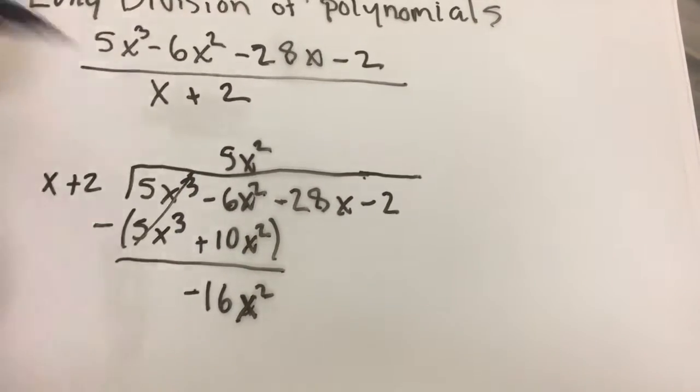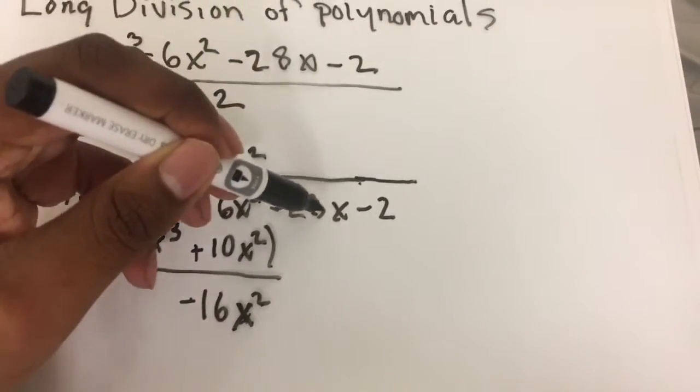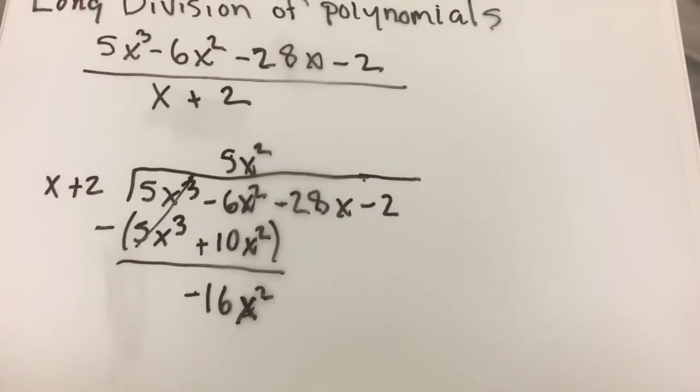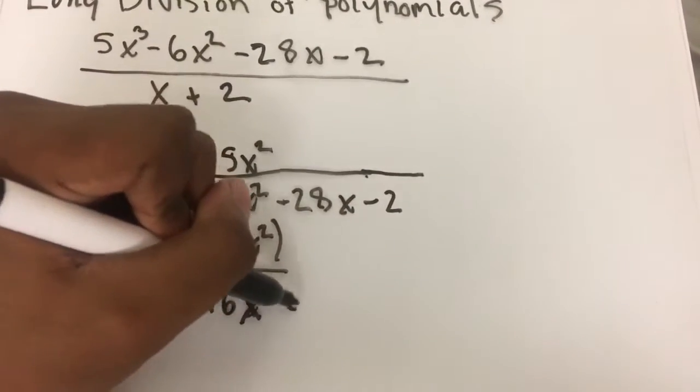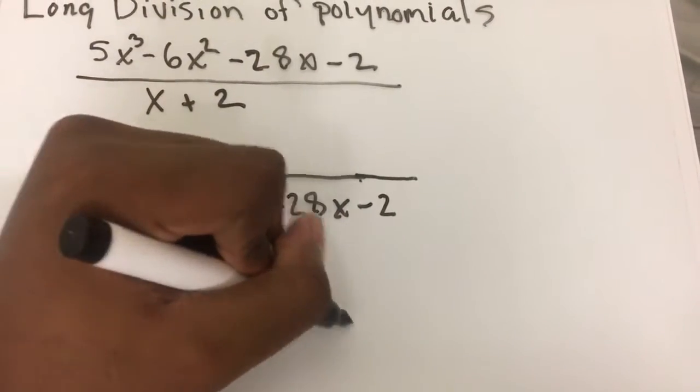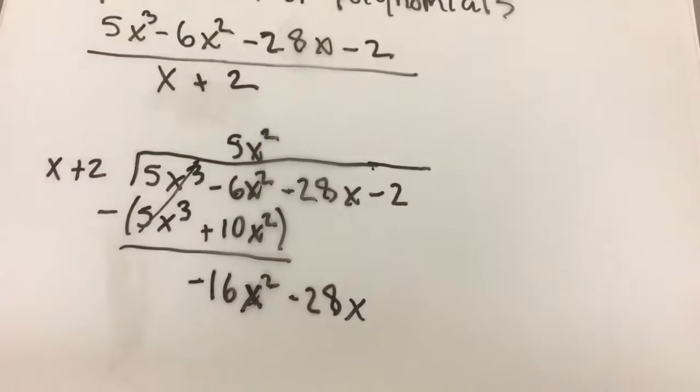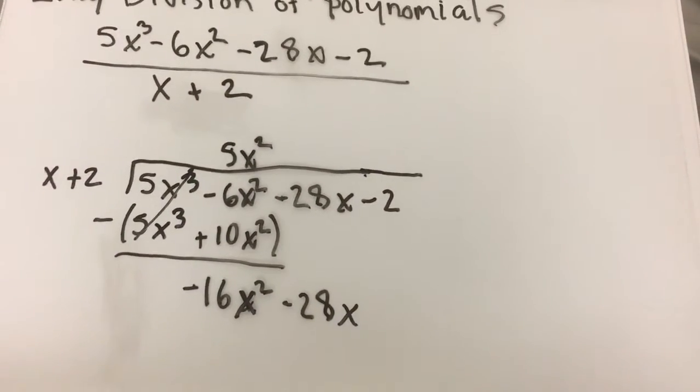And then we're going to drop this down, negative 28x. We're going to drop that down and continue.